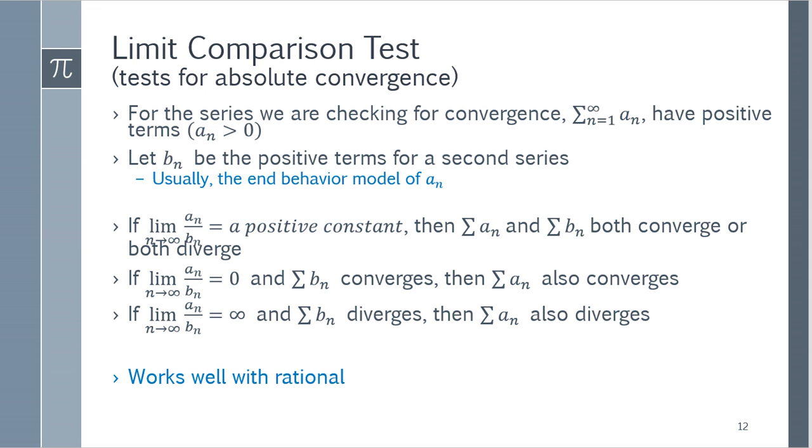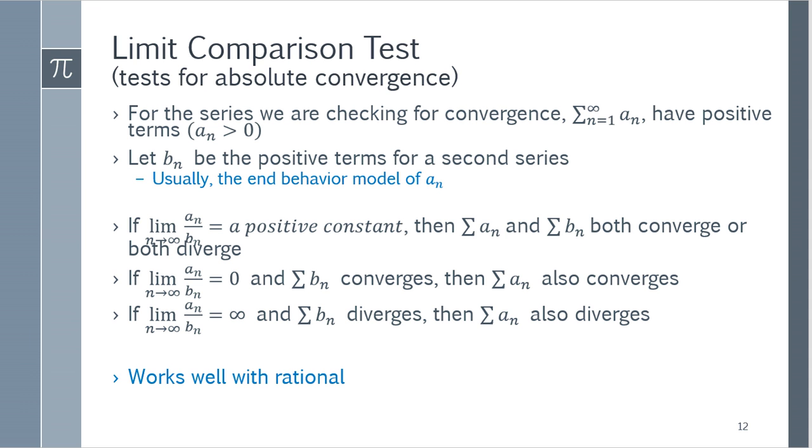The second two parts for that are actually the direct comparison test. Because if this limit is approaching 0, then that means b of n is bigger. And if the bigger series converges, the smaller series must also converge.